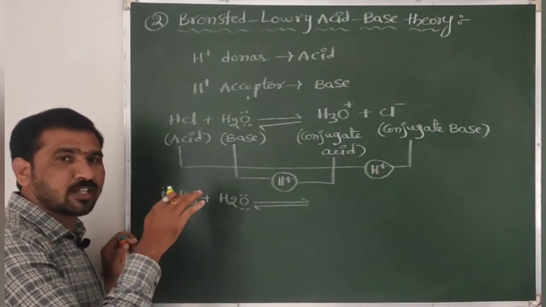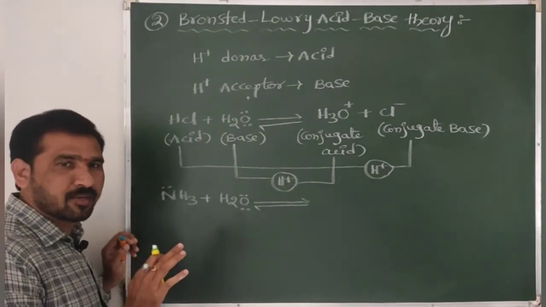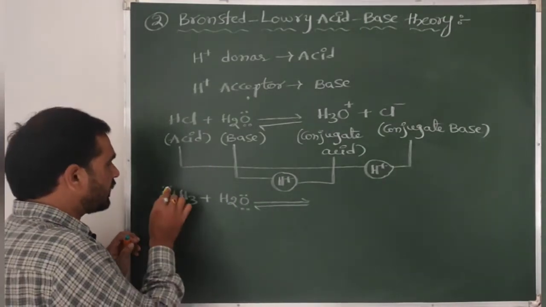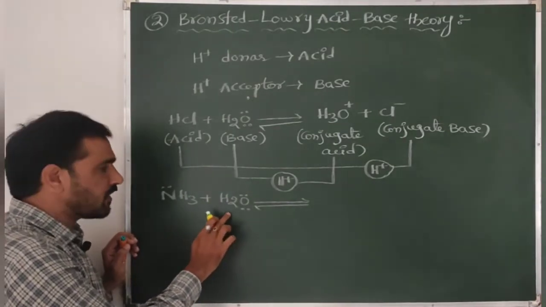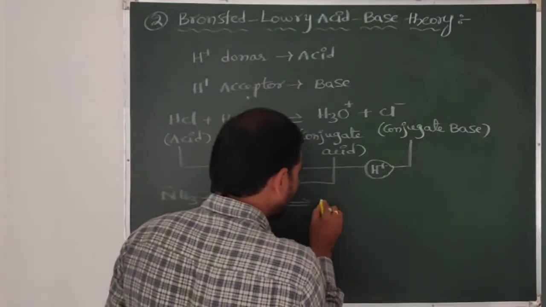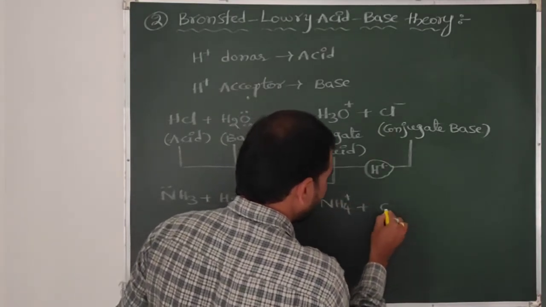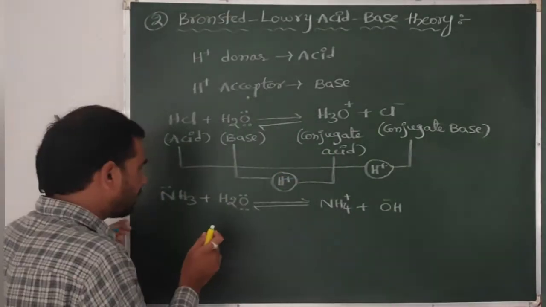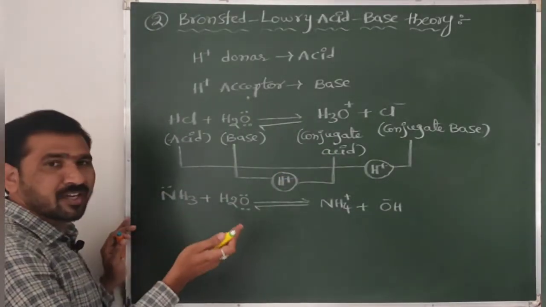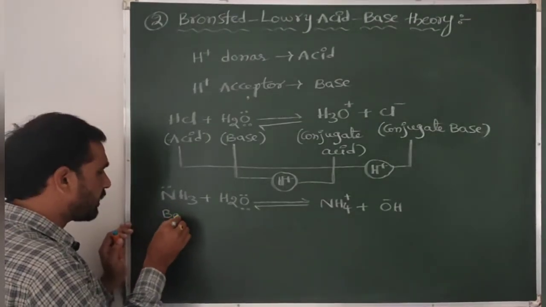That's why nitrogen donates electrons, not oxygen. It donates electrons to the acceptor, which is H plus from the water molecule, and converts to NH4 plus and OH minus. So in this reaction NH3 accepted a proton, that's why it is a base.